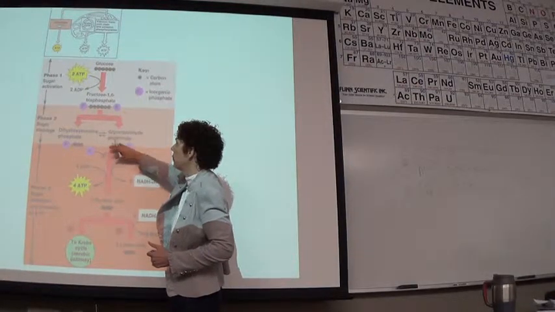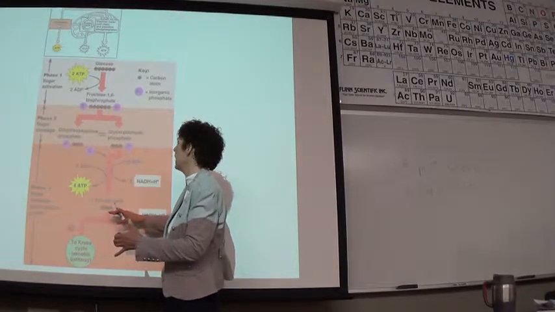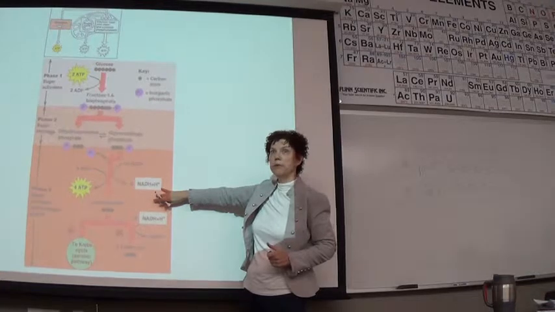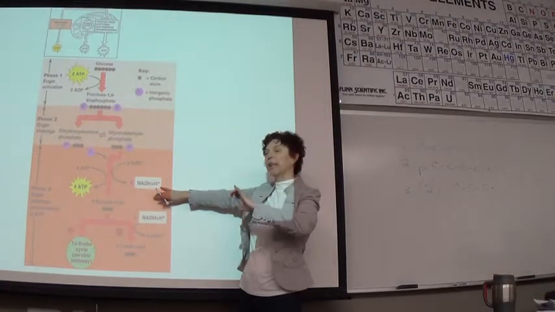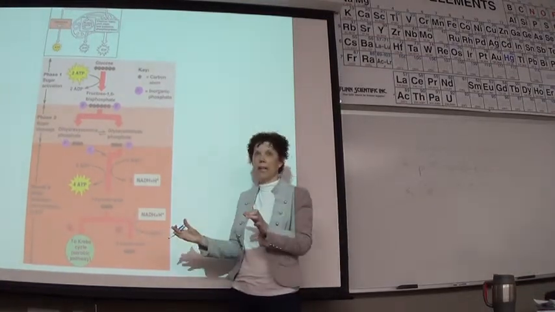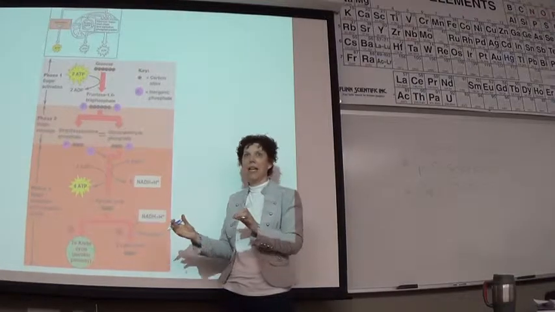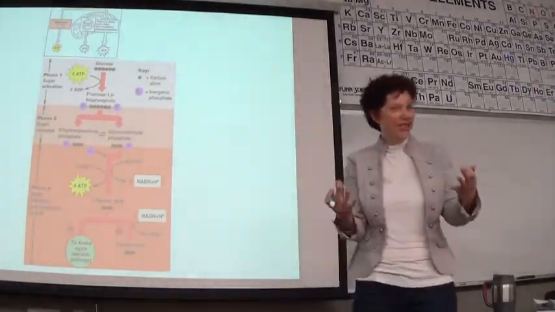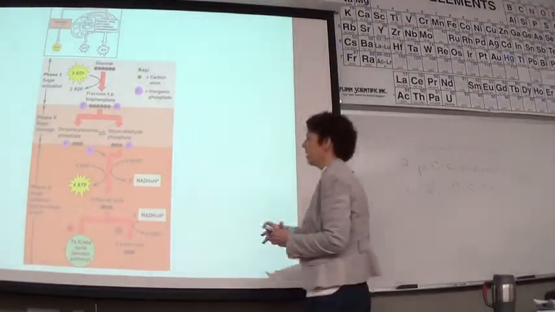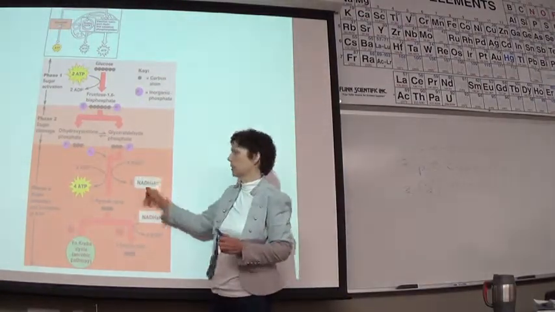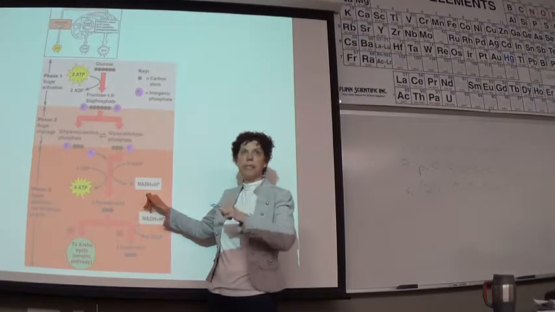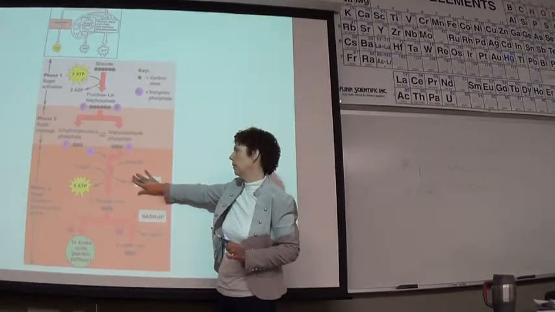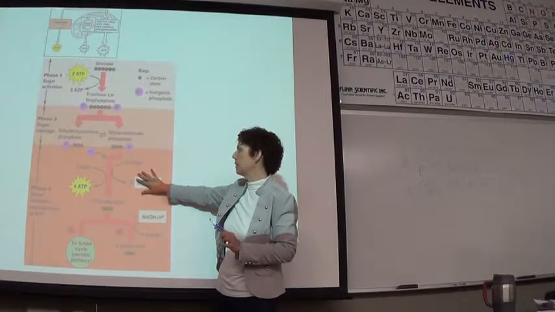So we have 2 of these, and now everything is going to be done twice. Hydrogens are removed, and don't forget, along with those hydrogens, we have electrons. Okay? Those electrons are what become our energy-rich source, and so we are going to utilize those hydrogens, and more specifically the electrons, in electron transport. So we have to set those aside because we're not going to use them now.